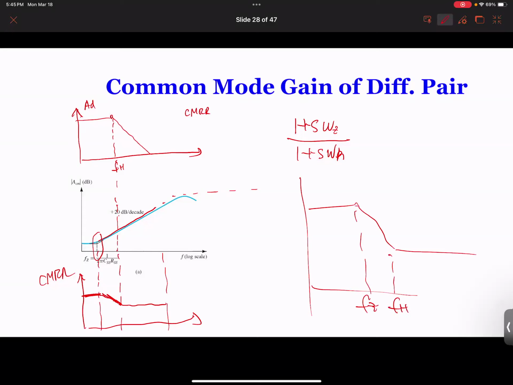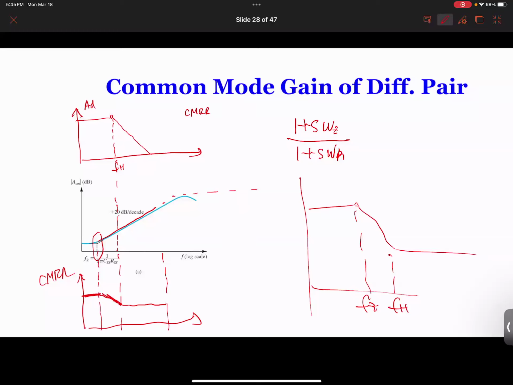Because your FZ is lower than FH, you effectively reduce your usable middle band by the difference of FZ and FH. If these two overlap, it would be good because you're virtually extending your middle band.